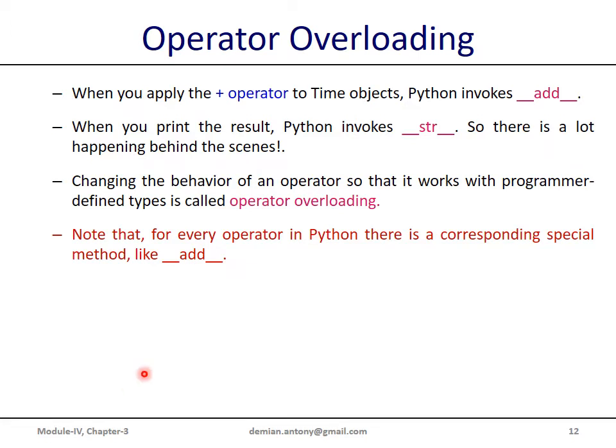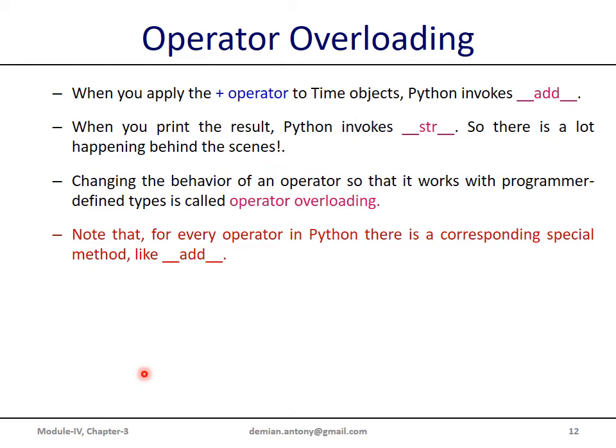When you apply the plus operator to time objects, as I said, it invokes the double underscore add double underscore method. And similarly, when you print the result, Python invokes double underscore str double underscore automatically.